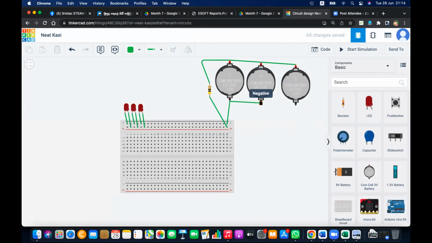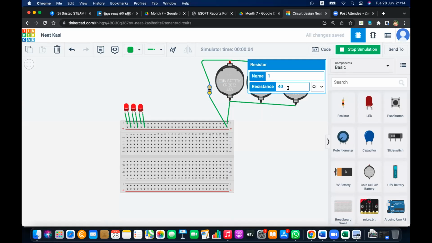More batteries here. Here to here, I need one connection. Here to here, I need one connection. But adding 3 batteries will definitely increase the amperage.